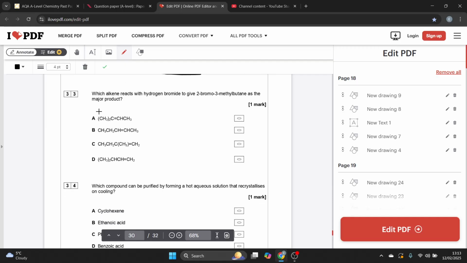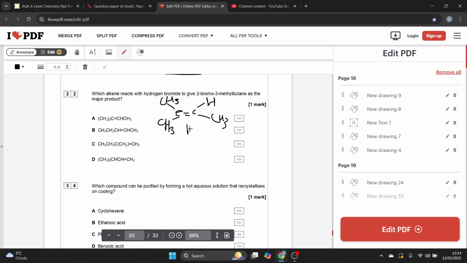Question 33. Which alkene reacts with hydrogen bromide to give 2-bromo-3-methylbutane as a major product? Now I could go through each and every single one. Well, obviously, in this case I've got that CH3, CH3, CH, CH3, right?